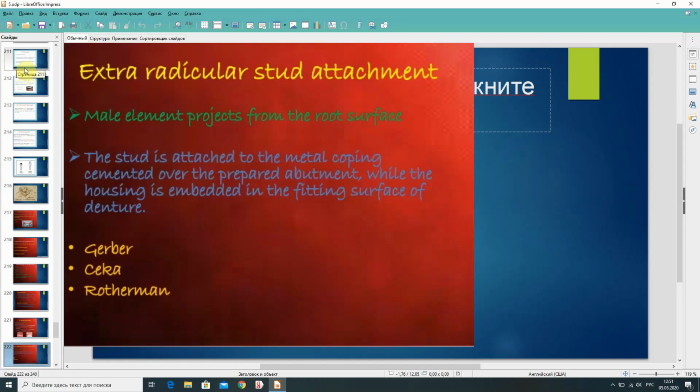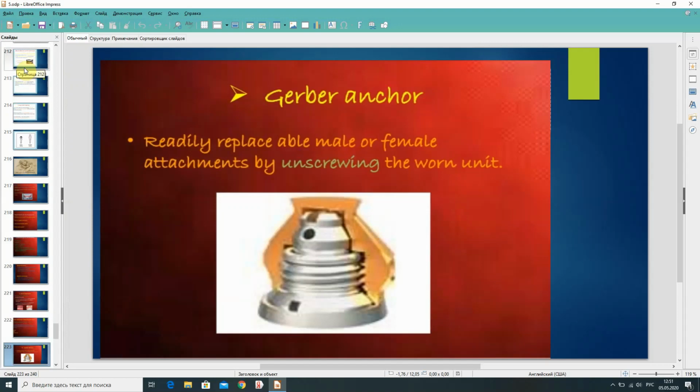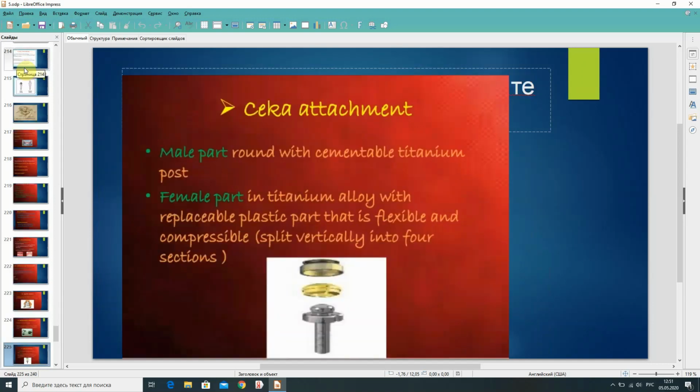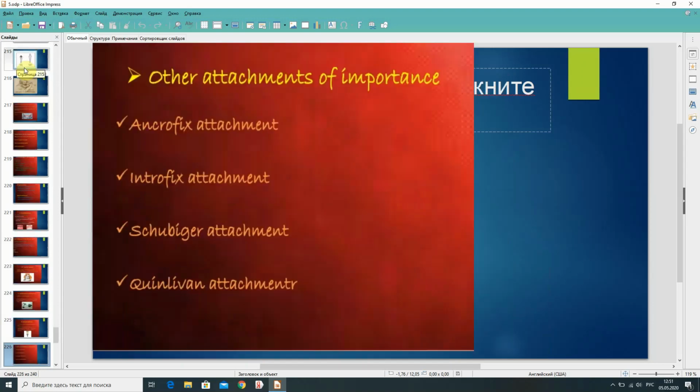Extraradicular stud attachments: Dalla Bona anchor, Rotherman attachment, Ceka attachment. Other attachments of importance: Microfix attachment, Intrafix attachment, Schubert attachment, and Quinlan attachment.